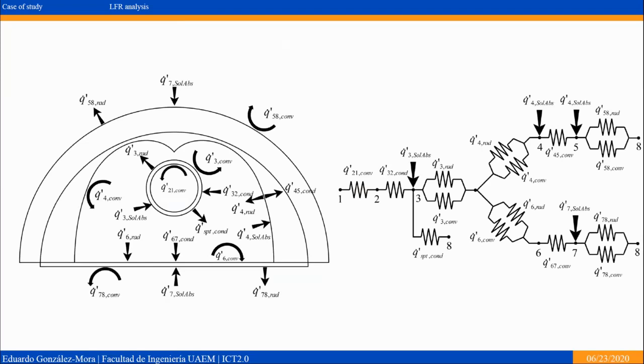Number 1 is the water steam bulk temperature, 2 the inner side of the tube, number 3 the outer part of the tube, number 4 the reflector of the secondary concentrator, 5 the thermal insulator, 6 the inner side of the window at the aperture, 7 the outer, and 8 the ambient. So in this model, we have 15 heat fluxes and 7 temperatures that must be determined.